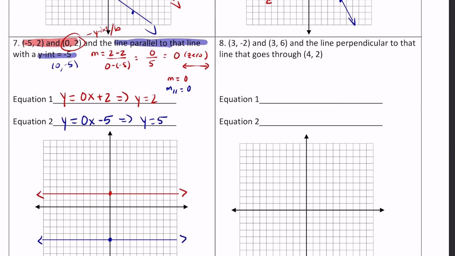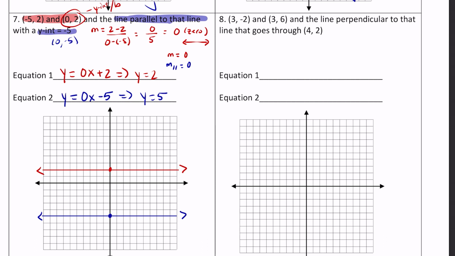All right. Now, let's take a look at this one. So we have this. This is my first line that contains these 2 points. And then the line perpendicular to the original line goes through this point here, okay? So first, and then this is our second.